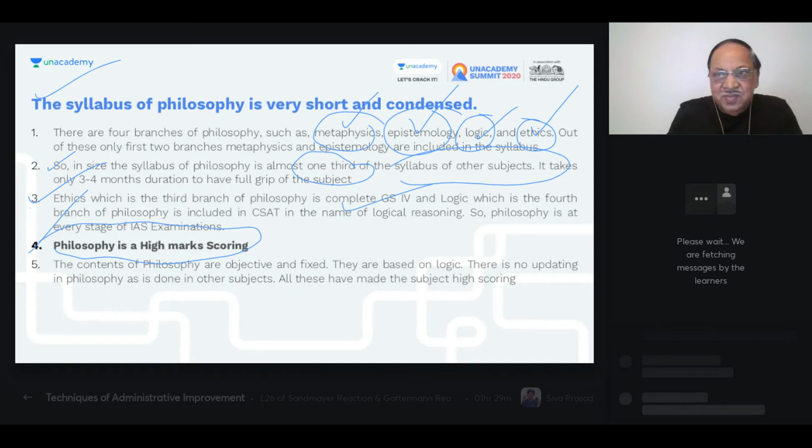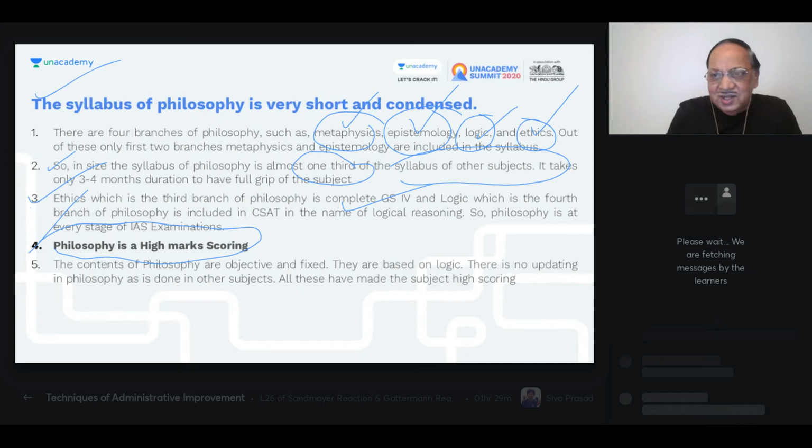The second point, why you can score high marks in philosophy, is that philosophy is objective in its status. It is not the case that you have to present your own points or add something there. Nothing of that sort.